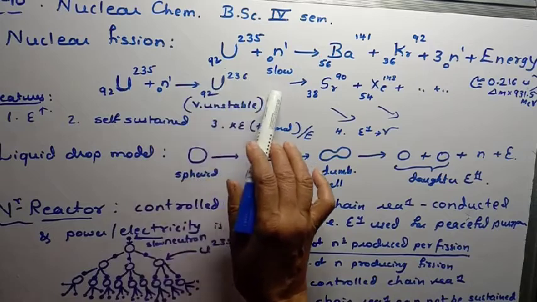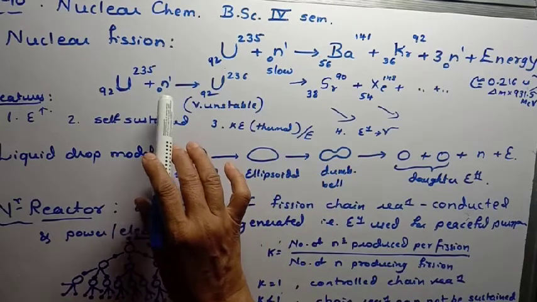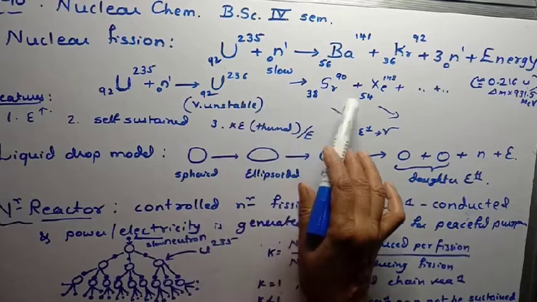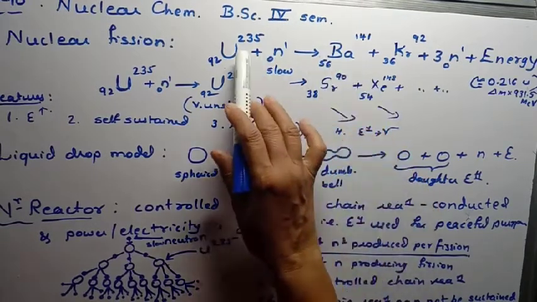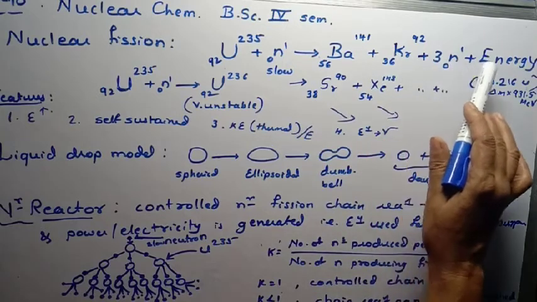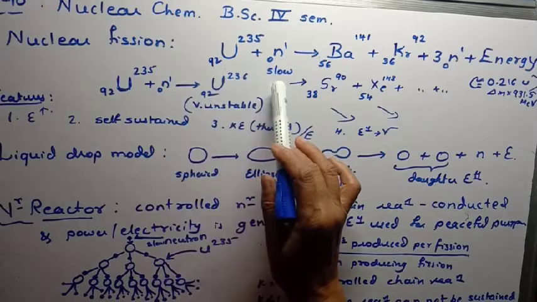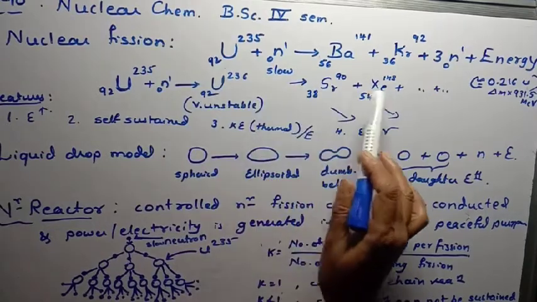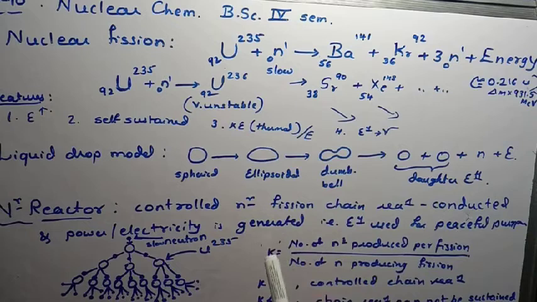Another mode of splitting is, say, this uranium, when it is hit with the neutron, it splits into strontium and xenon. In the previous case, the uranium splits into barium and krypton. Three neutrons are liberated and a huge amount of energy is liberated. In the second equation, the mode of splitting or the new fragments formed are different, isn't it?